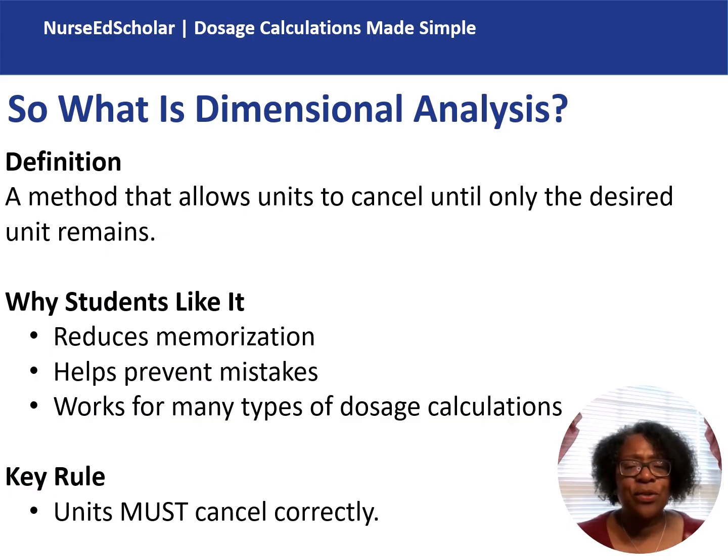When you're thinking about all that, you may say, man, dimensional analysis really sounds complicated, but it's actually one of the safest ways to do drug calculations. It's simply setting up the problem so the unwanted units will cancel out.